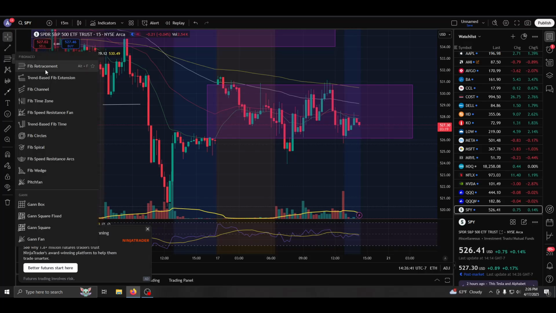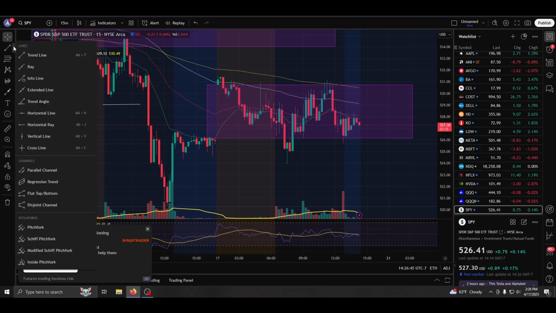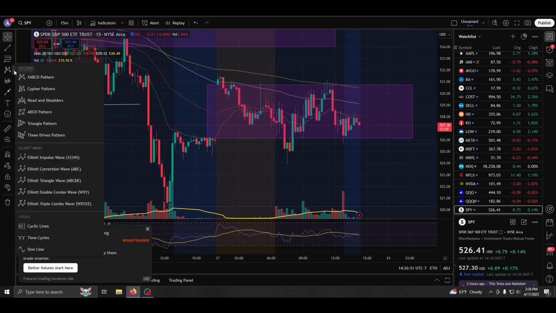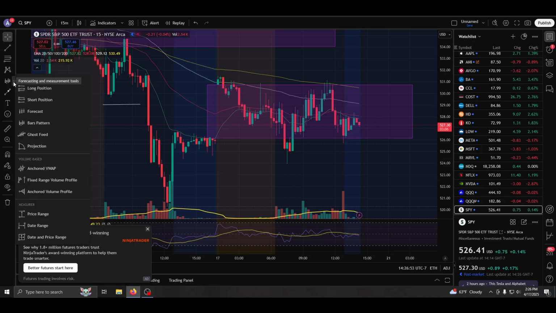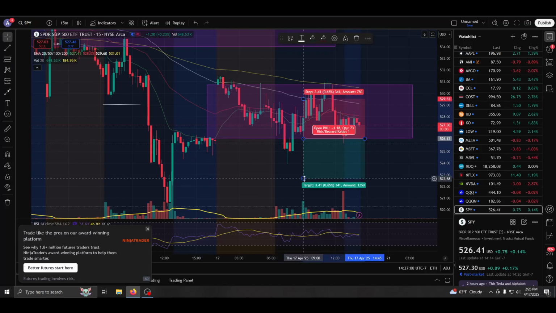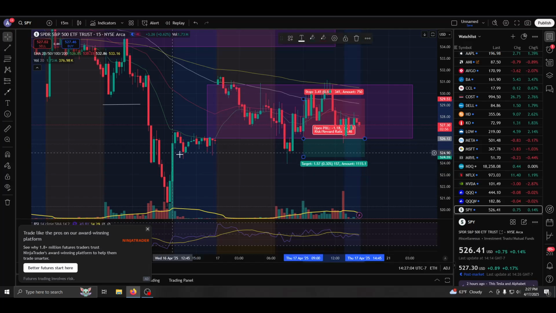Where did it go? Let me see here. I'm trying to find where my order tab is. There it is. So we shorted this by saying once we break out of this channel and we meet the previous or the pre-market, or this was after hours resistance, that's where we wanted to sell.